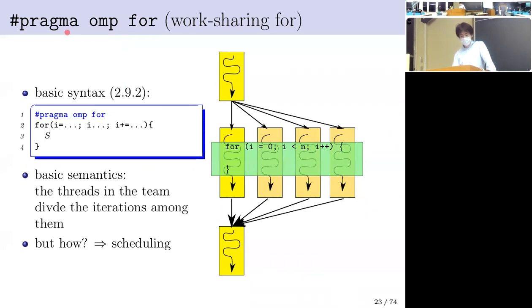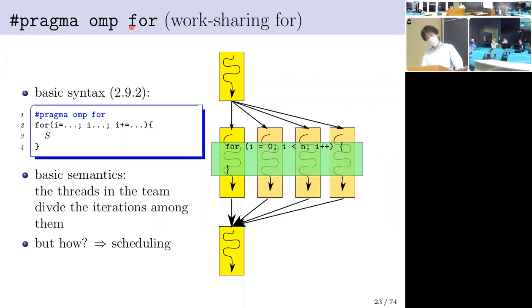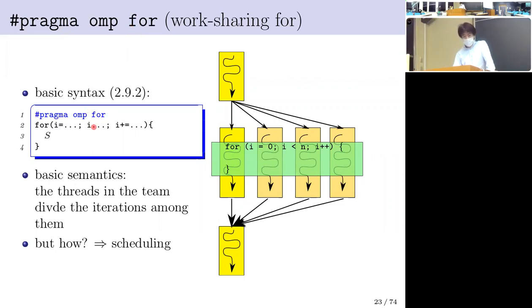So here comes pragma omp for. The syntax, I think you can easily imagine, is pragma omp for followed by a C for statement like this. It is useful only when it's encountered inside a parallel region, when a team of threads is executing a parallel region inside of the parallel pragma.